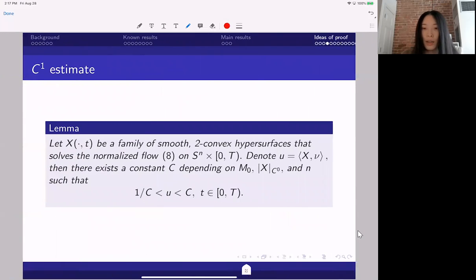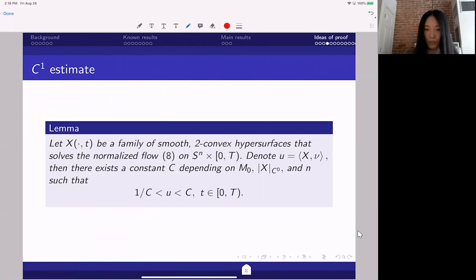Okay, next we're going to consider the C1 estimate. Recall that our function u is the support function, x dot nu, and nu actually depends on the gradient of r. So in order to get a gradient estimate, we only need to bound the support function.